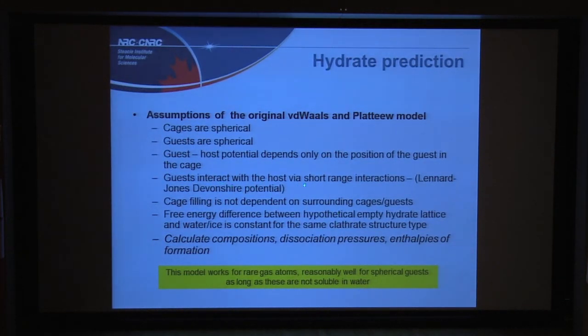And the guests interact with the host via short-range interactions only, such as modeled by the Lennard-Jones-Devonshire potential. And the cage filling is not dependent on what happens in surrounding cages, or whether there are guests present or not. And the free energy difference between the hypothetical empty hydrate lattice and the water ice is constant for the same clathrate structure type.